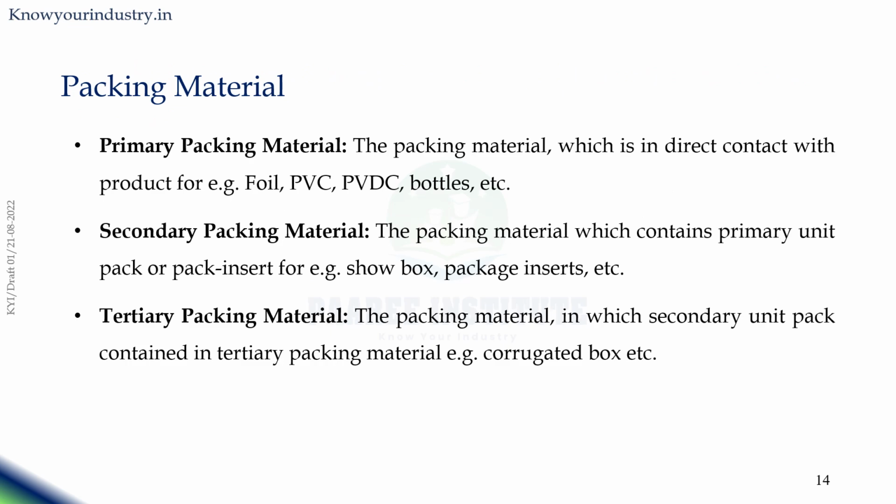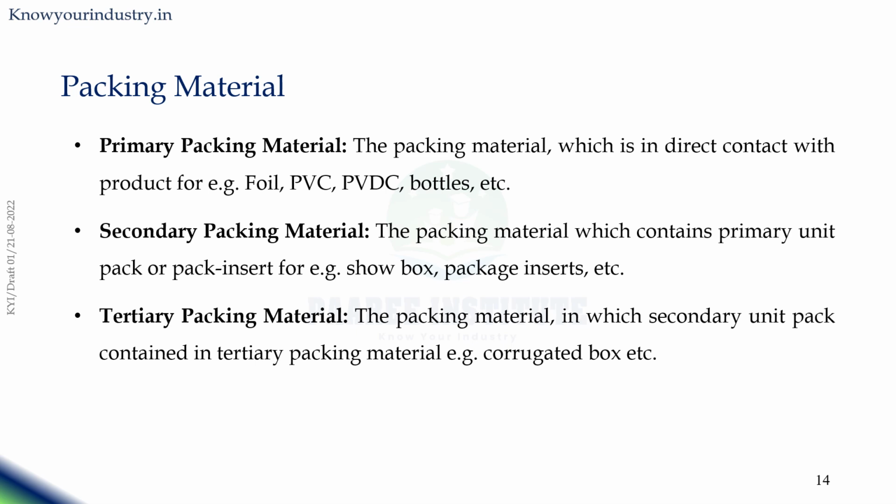Apart from the active pharmaceutical ingredients and excipients, the packaging materials also will be tested for quality and robustness. Packaging materials are classified into primary, secondary and tertiary packaging material.